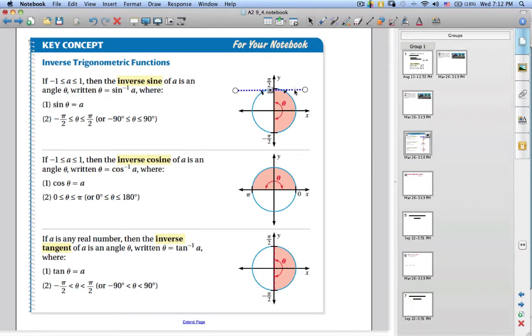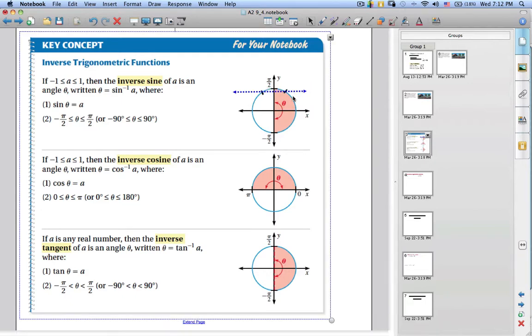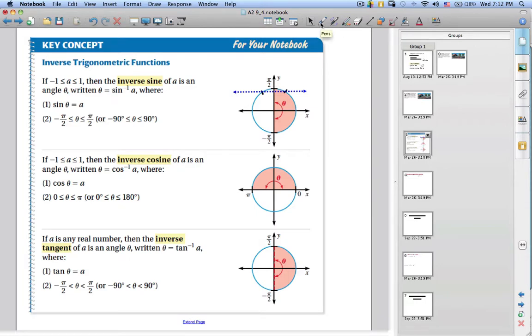So I would have a difficult time knowing which one of those angles is the one that we're talking about. Typically in a problem like this, you're going to get a little extra information where they tell you something like this: theta is between -pi/2 and pi/2. In that case, I would only have one angle that had that particular value of sine. So they have to give you a little extra information.